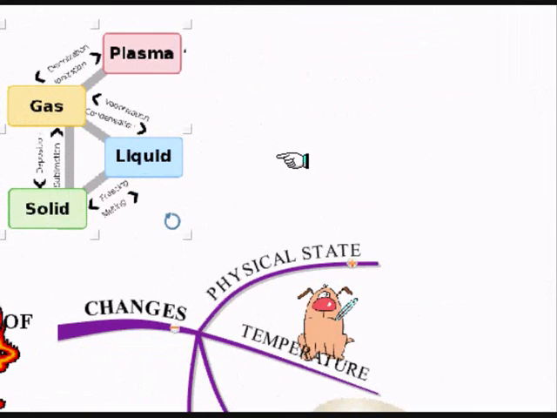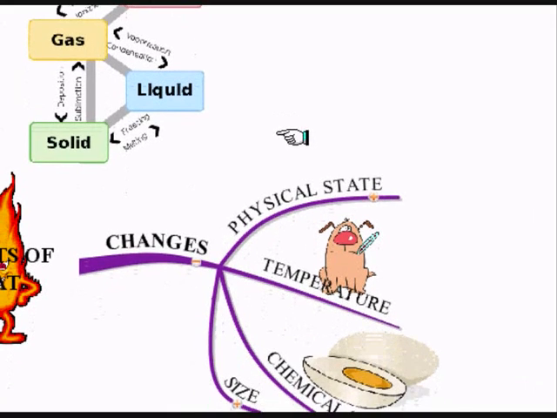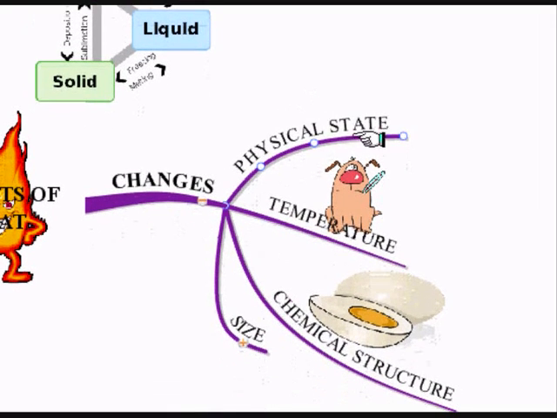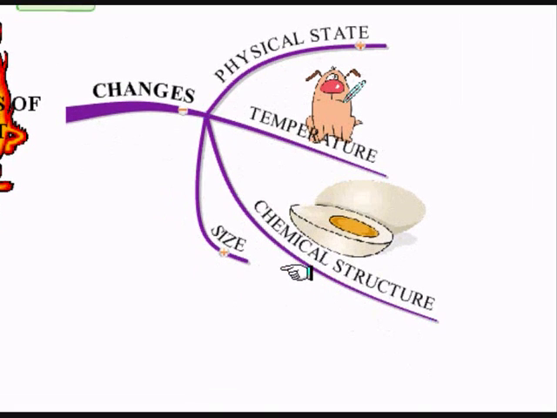Now we'll just quickly summarize. I'll give you an overview of what we are going to cover in today's class. You will learn that the physical state changes when a substance is heated. Then what else happens? Temperature also changes. If you heat a substance, temperature increases. If you cool it down, temperature will decrease. The other main thing that will happen is the chemical structure will change.